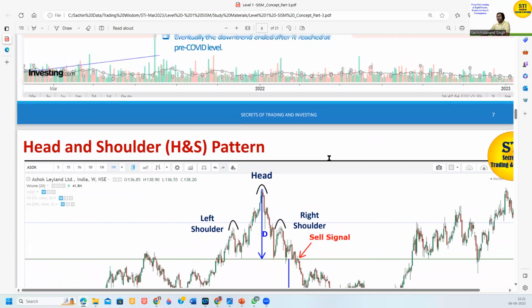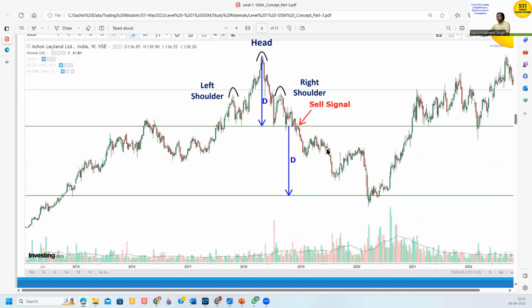Now, how is the target identified? The distance from the top of the head to the neckline will be considered D. Once the stock breaks that neckline, that will be a sell signal, and the first target will be equivalent to D, the distance from the top of the head to the neckline.